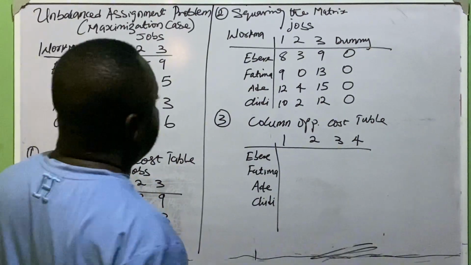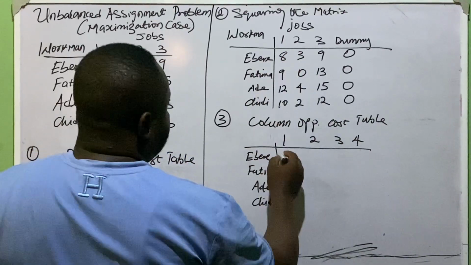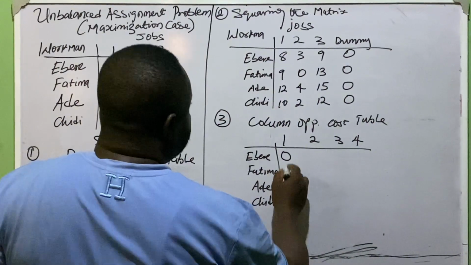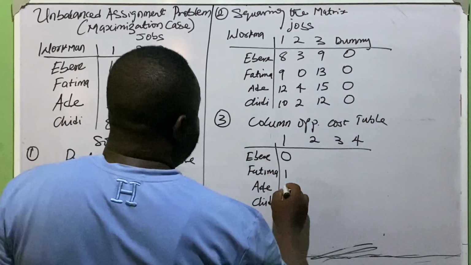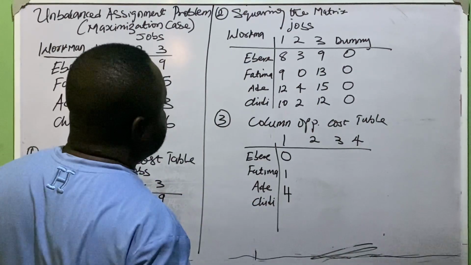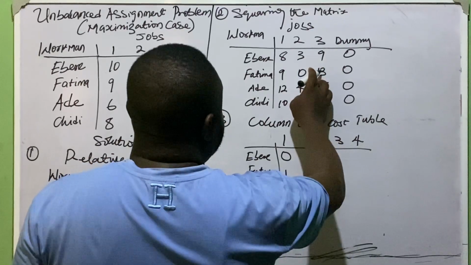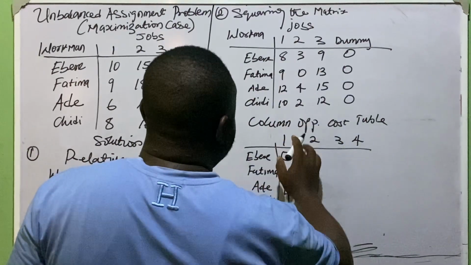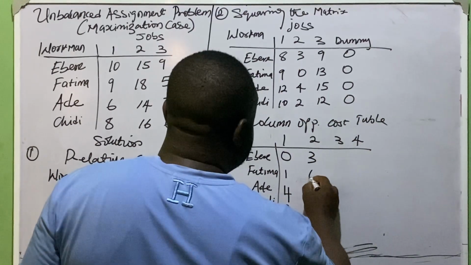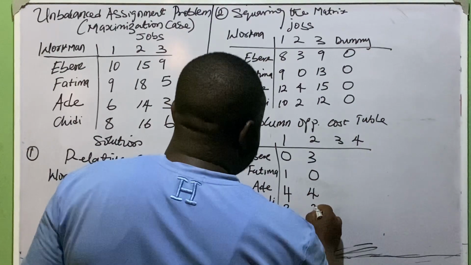For column number 1, our smallest value here is 8. So 8 minus itself will have 0. 9 minus 8 will give us 1. 12 minus 8 is 4. Then 10 minus 8 is 2. Here there is presence of 0, so every value here returns. 3 minus 0 will give us 3. 0 minus itself 0, 4, and 2.